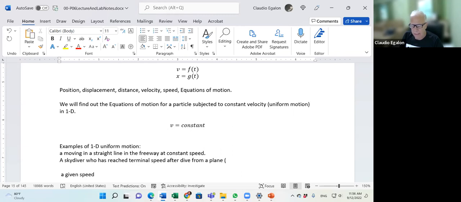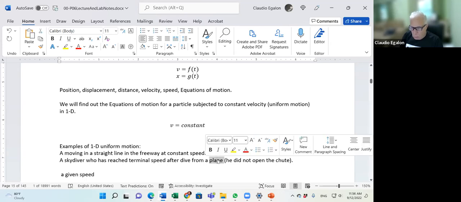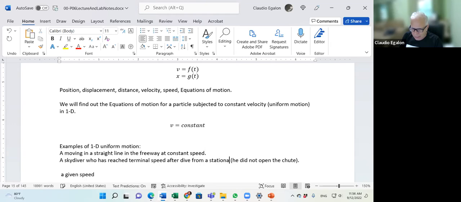He didn't open his parachute yet. Not from a plane, it would be better from a stationary balloon, because an airplane can be moved in the horizontal direction, so that wouldn't be exactly an example of 1D uniform motion.